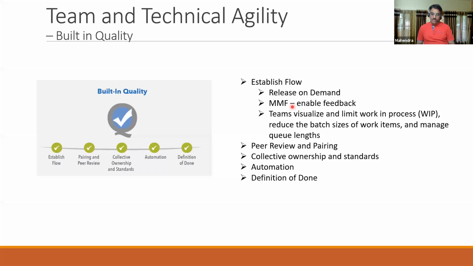So it's all about built-in quality, and there's a strong focus on a definition of done. That is what ensures built-in quality. So these are the three dimensions of this core competency of team and technical agility. I'll take a pause if there are any questions before we move to the next competency.